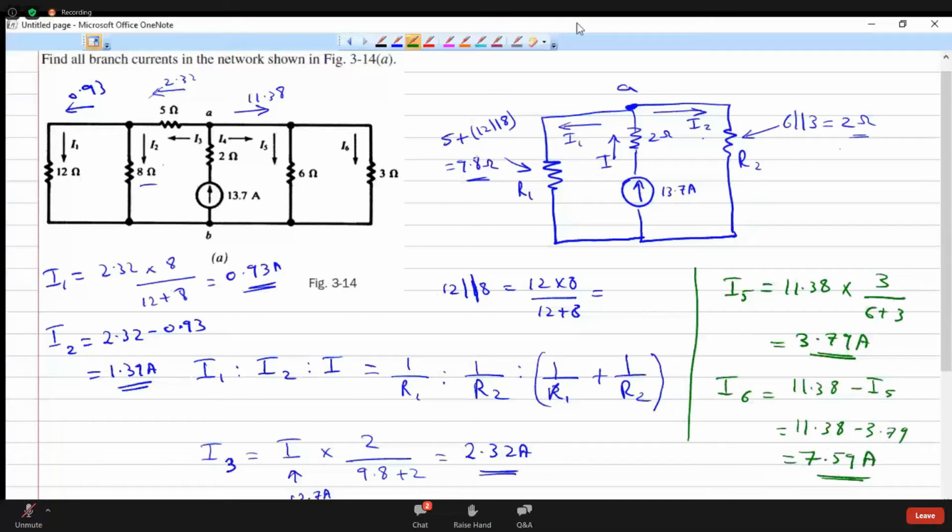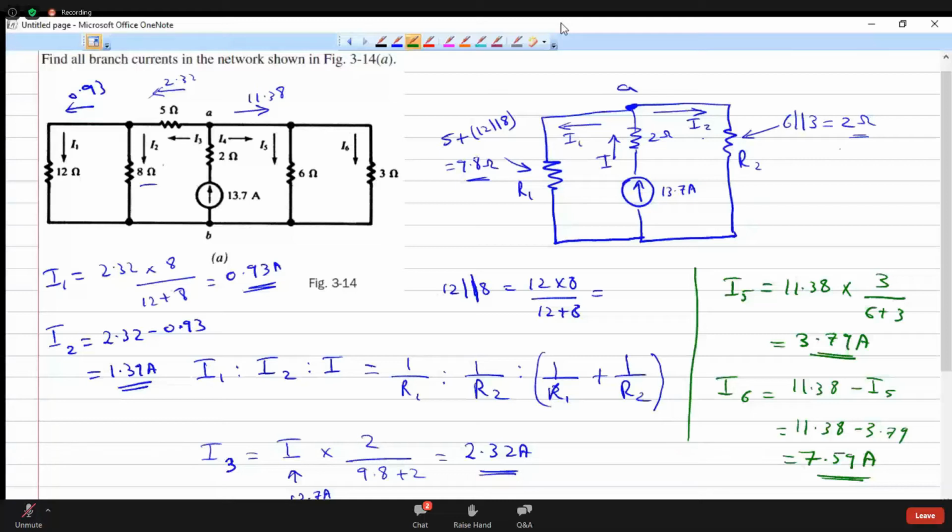So I hope that is clear to everyone. Any doubts? We have to reduce the network as required to make a simplified circuit, so that we know the current going to the respective branches. Then again use the current divider rule repeatedly until we can find all the currents.